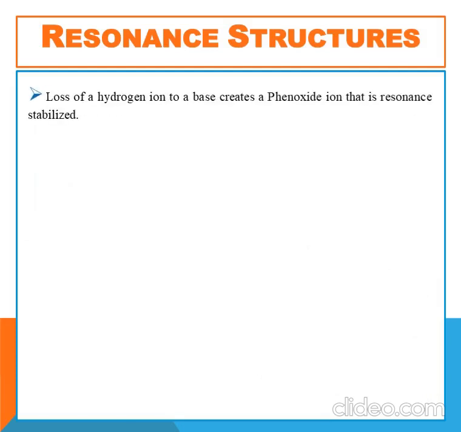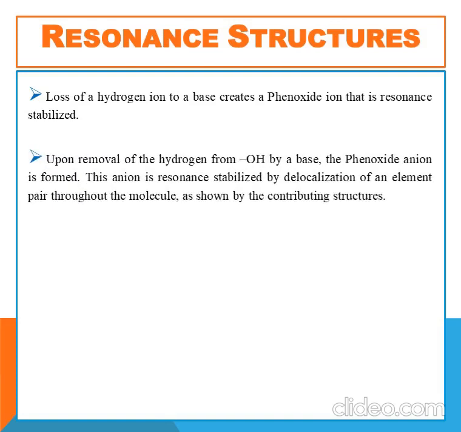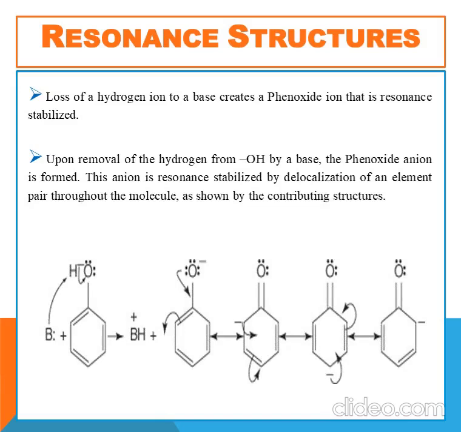Loss of a hydrogen ion to a base creates a phenoxide ion that is resonance stabilized. Upon removal of the hydrogen from OH by a base, the phenoxide anion is formed. This anion is resonance stabilized by delocalization of an electron pair throughout the molecule, as shown by the contributing structures.